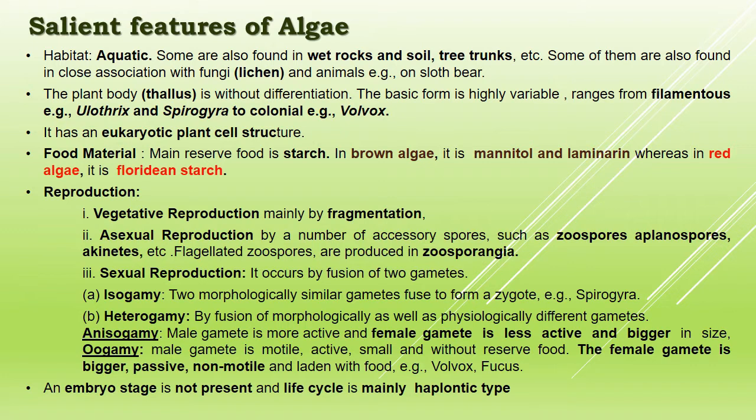Algae reproduce by vegetative, asexual and sexual reproduction. Algae reproduce vegetatively by fragmentation. In fragmentation, the plant body breaks into two or more fragments, and then each fragment develops into a new thallus.